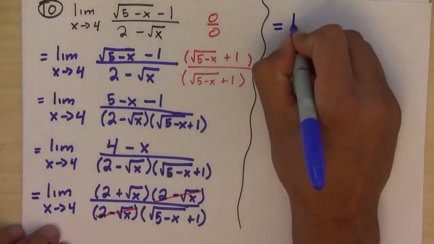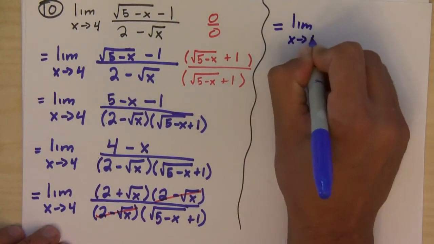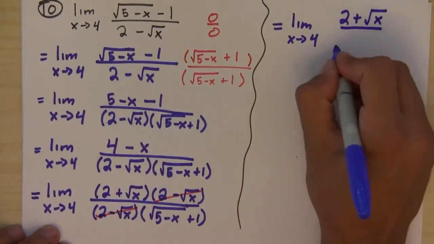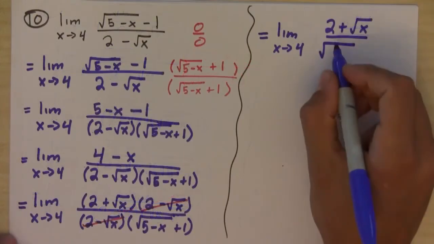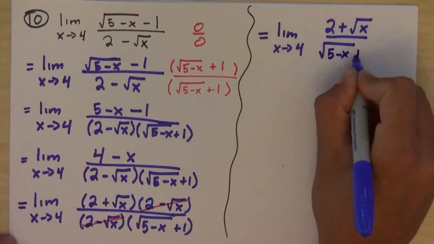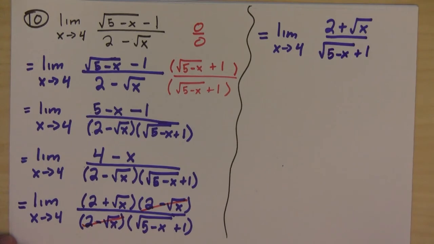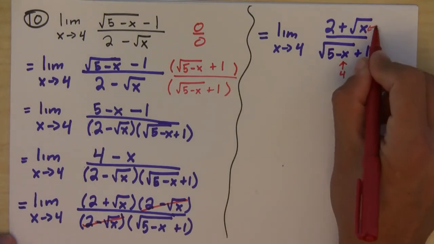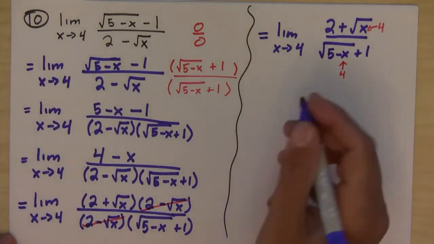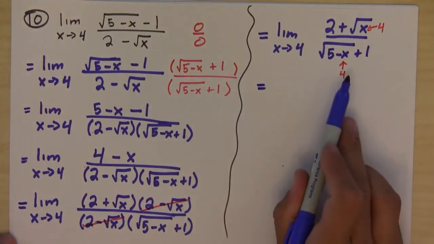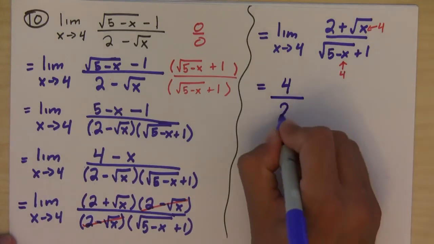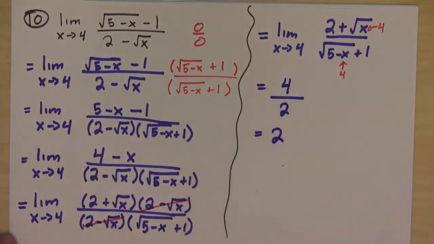And let me continue over here on the right. This would equal the limit as x approaches 4 of 2 plus square root of x over square root of 5 minus x plus 1. Okay, now if I plug in 4, now what I would get is, on the numerator I would get 4, and on the denominator I would get 2, so this is equal to 2.